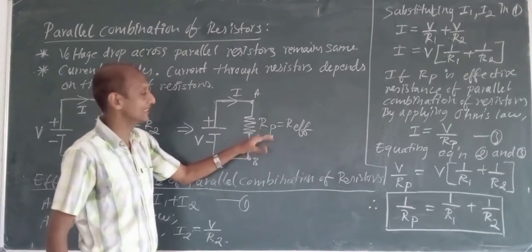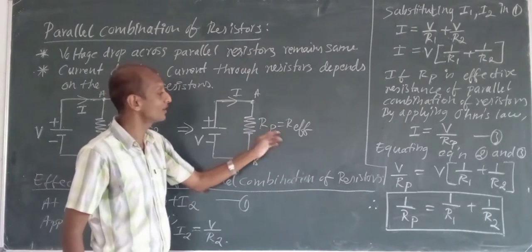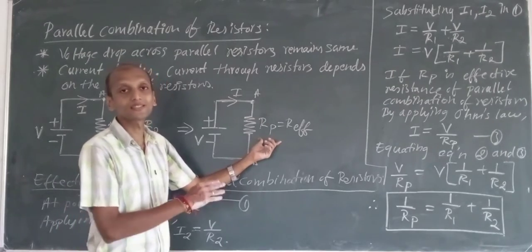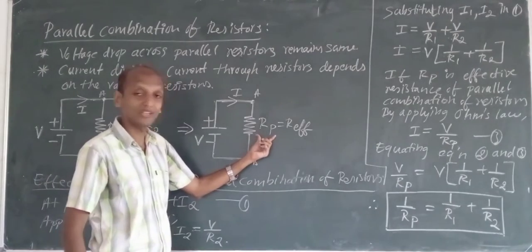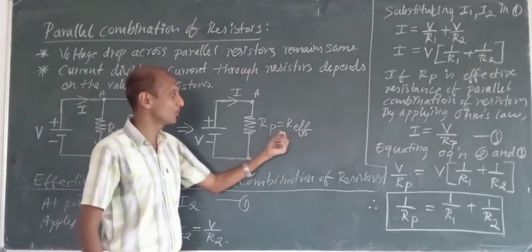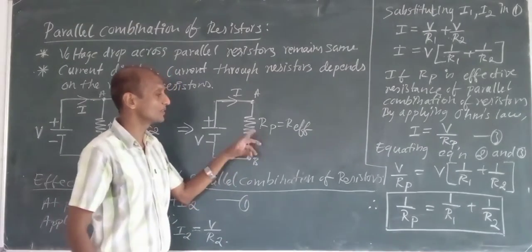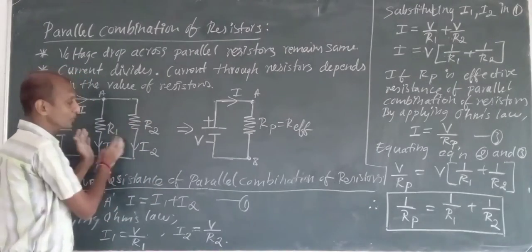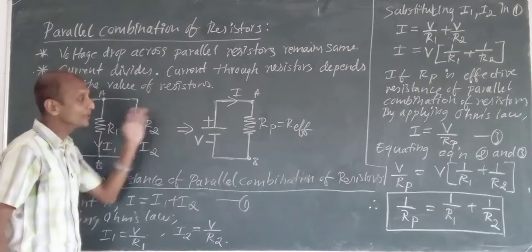The total resistance, or effective resistance, of the resistors connected in parallel, which we call RP, will be equal to R effective. Instead of R1 and R2, I will be making a single total resistance, so that I simplify this into this.